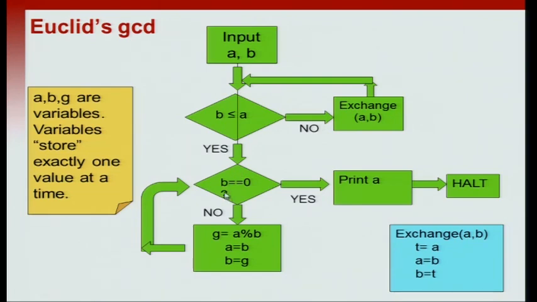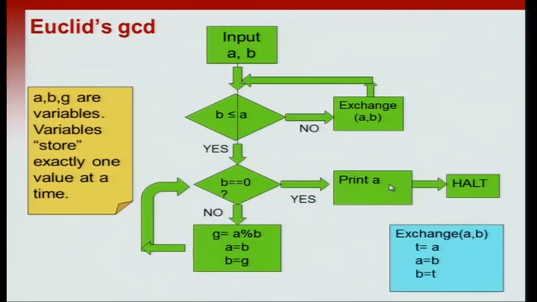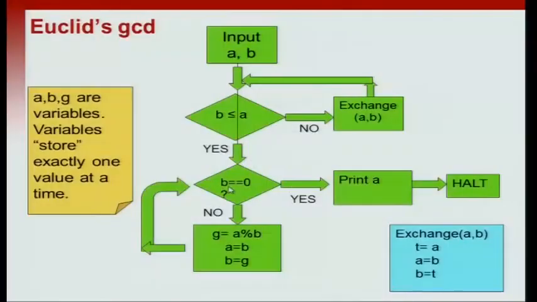First you test whether b is 0. If b is 0, then there is nothing to do. a is the GCD of a and b. GCD of 4 comma 0 is 4, GCD of 8 comma 0 is 8, and so on. So if the smaller number is 0, then there is nothing to do, the algorithm is over, and you print a.